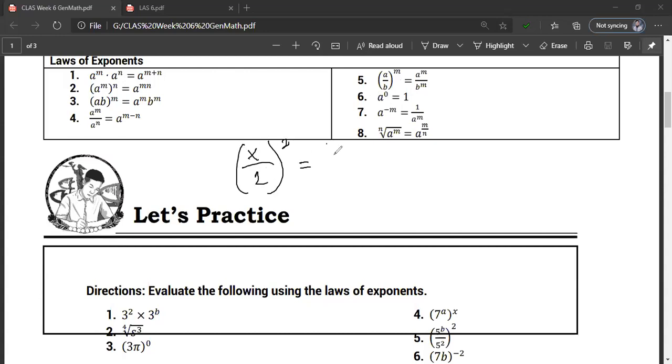That would become x squared over 4, kasi 2 squared is 4.